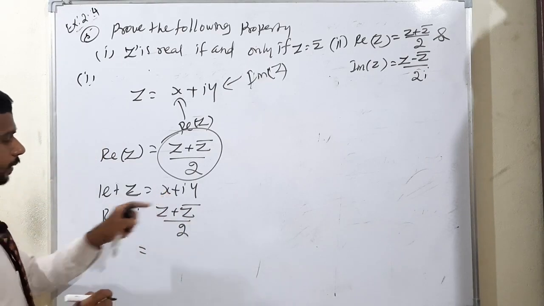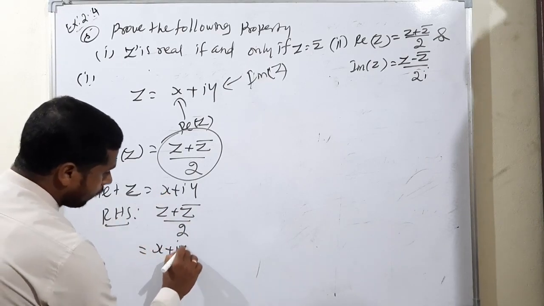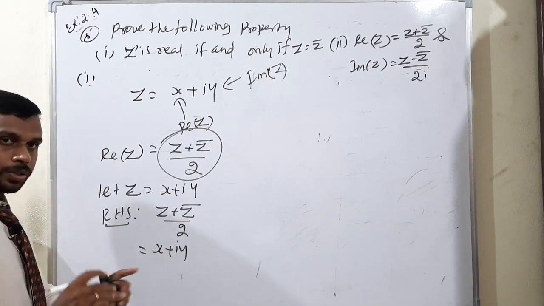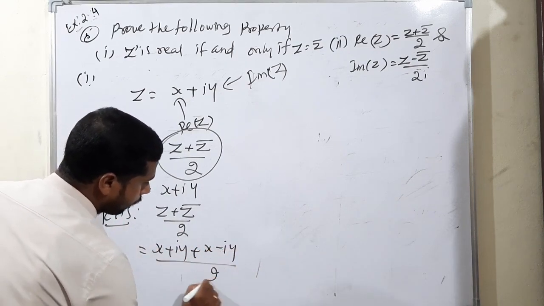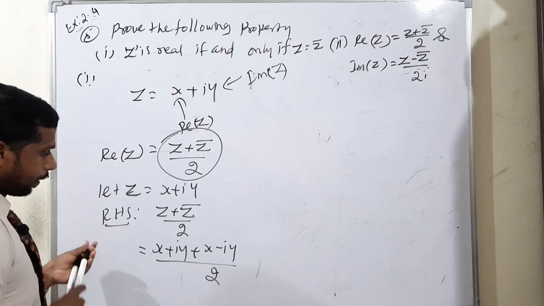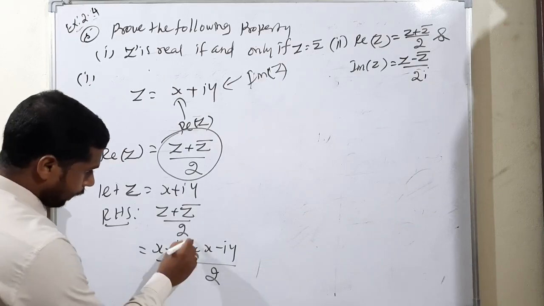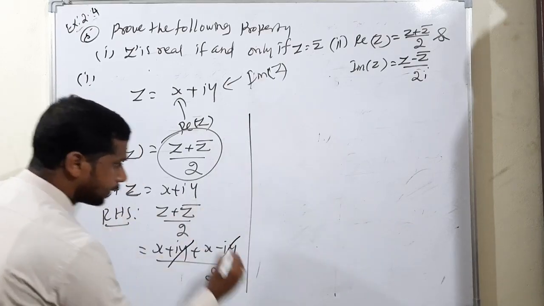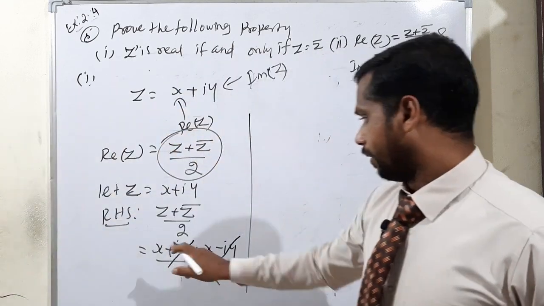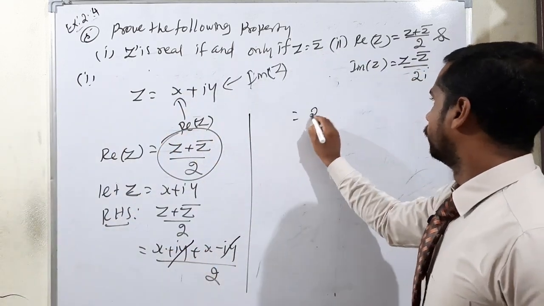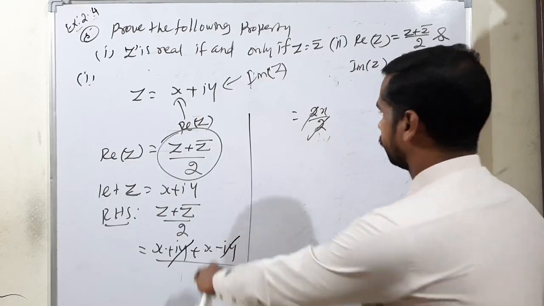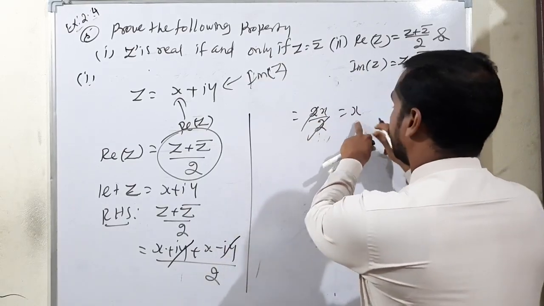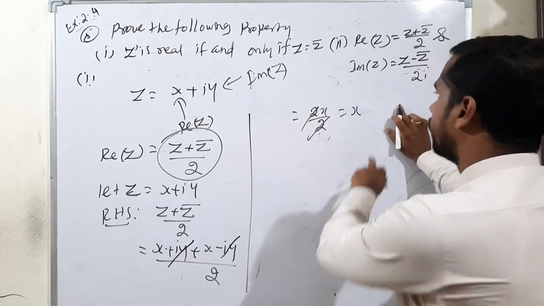Z is x plus iy, and for z bar we just change the sign of the imaginary part, so plus x minus iy, divided by 2. Plus iy and minus iy cancel, x plus x is equal to 2x divided by 2. Definitely this is only x.